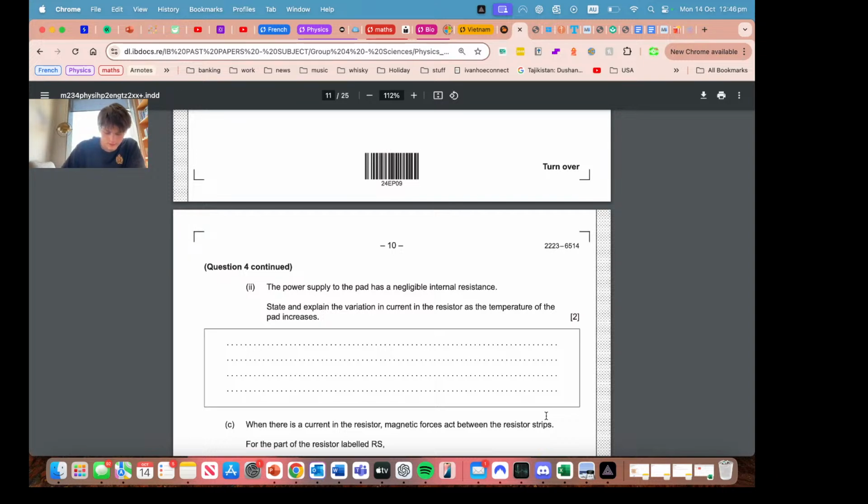And it's because final kinetic energy is equal to 0. Something like that.